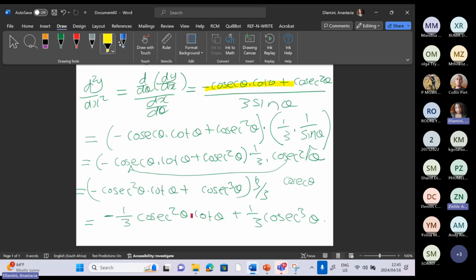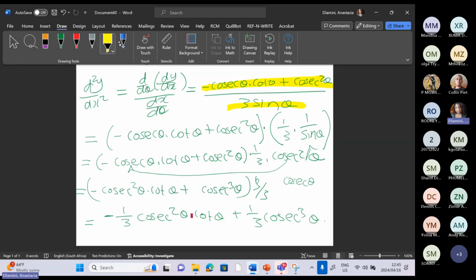You just substituted, so you could leave it like that. That is also a correct answer, but we can take it a step further by simplifying it. If you can take it a step further, take it a step further.